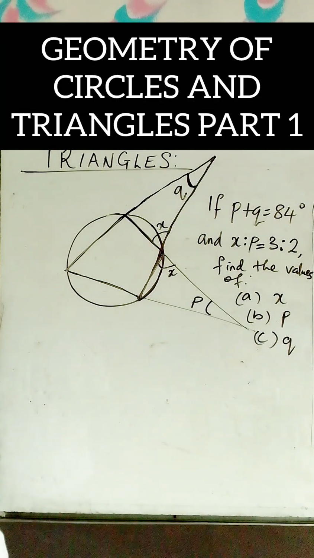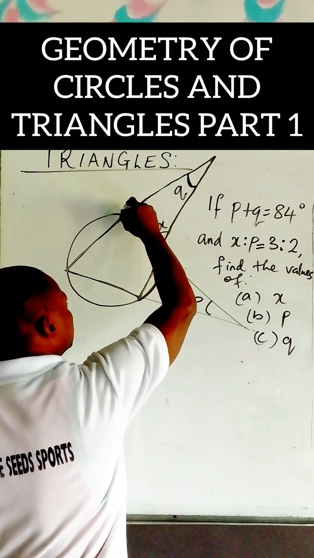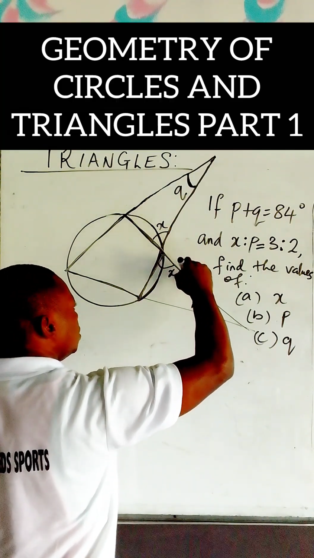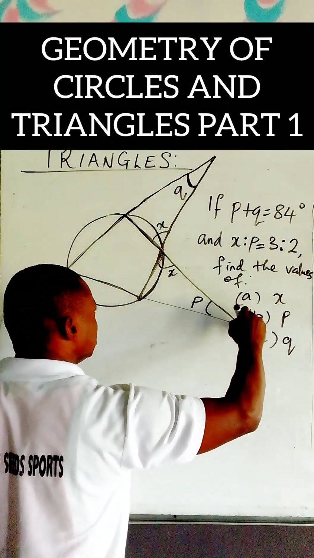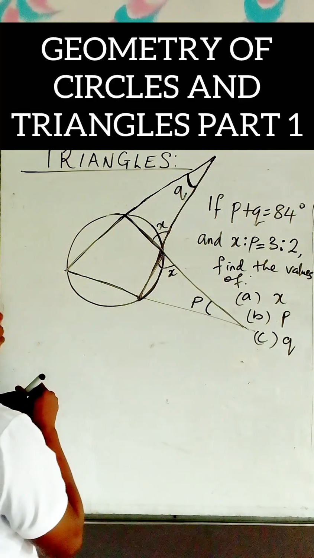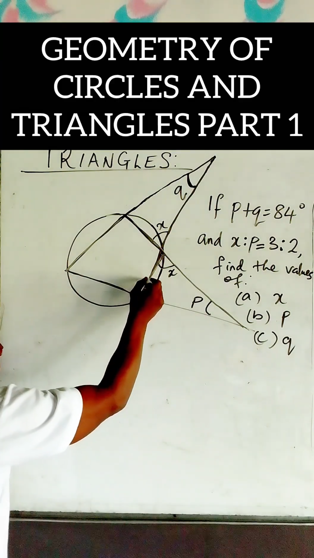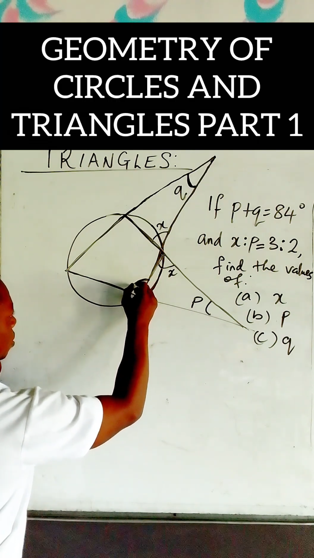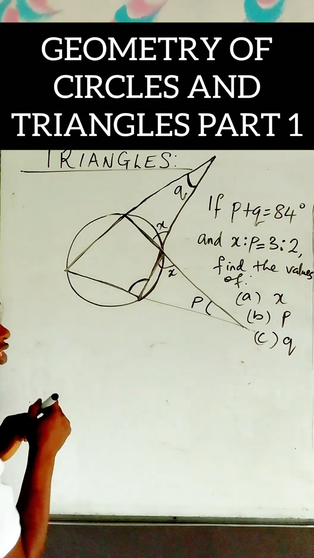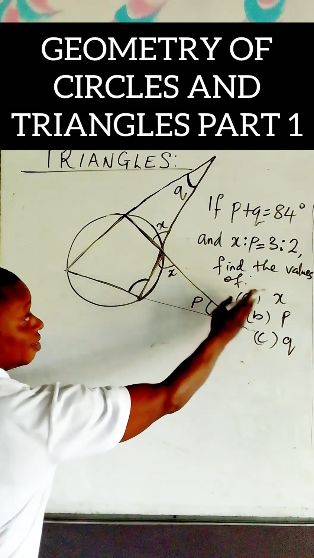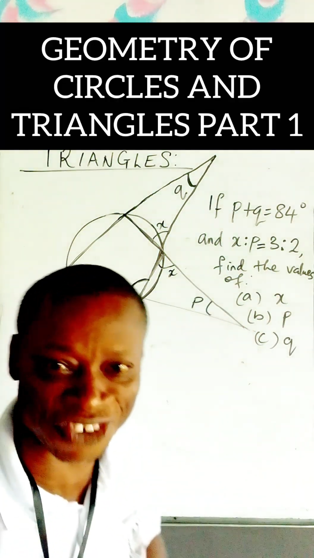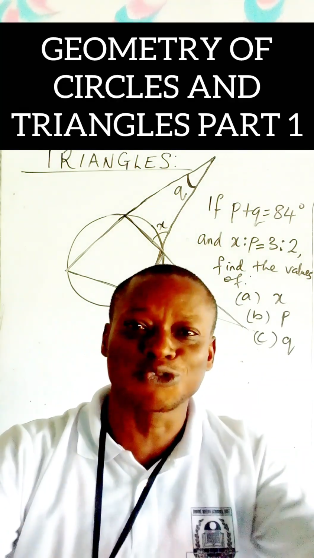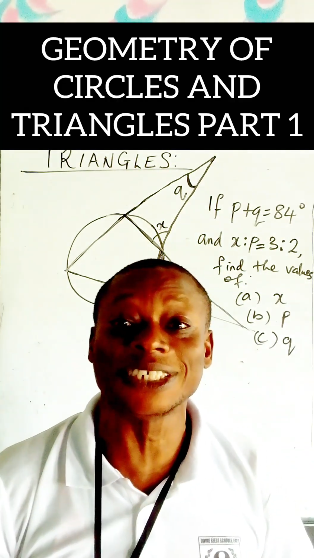Right, we can see the properties of a cyclic quadrilateral. I can see that this interior angle of a cyclic quadrilateral is the exterior angle of this triangle. So the exterior angle of a triangle equals the sum of two interior opposite angles.